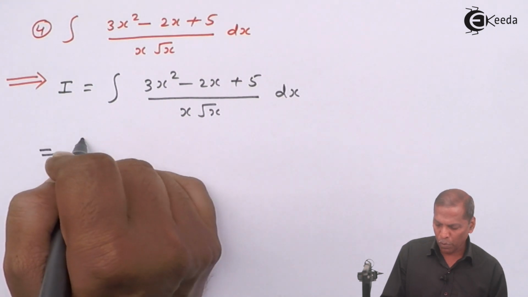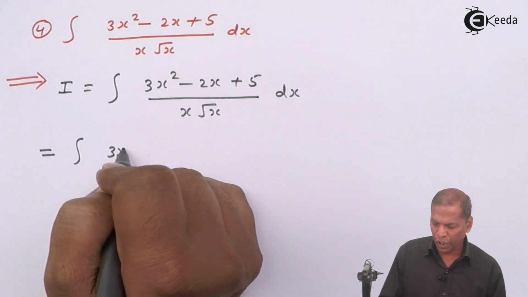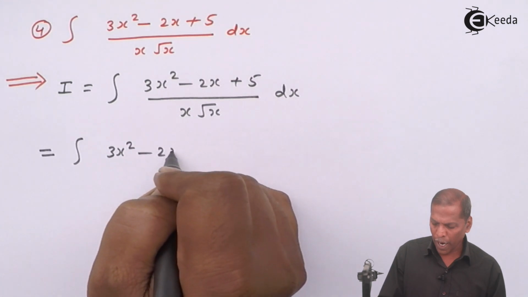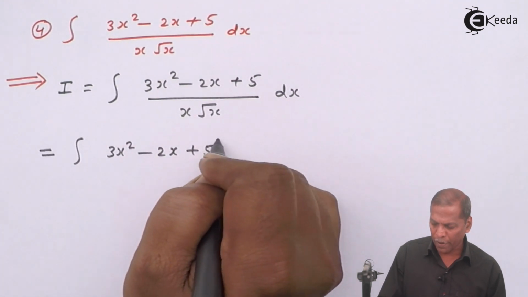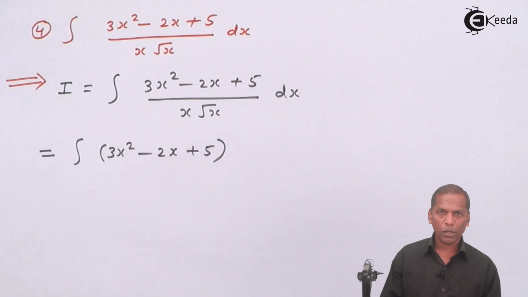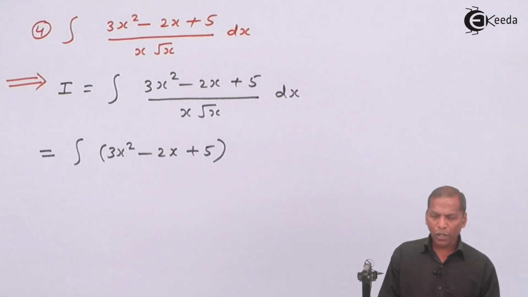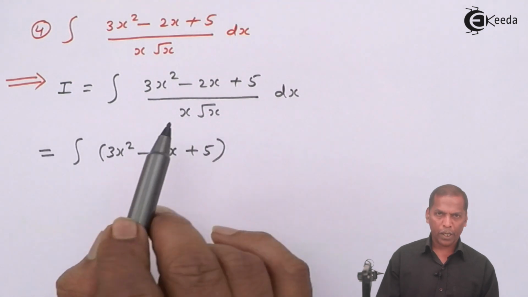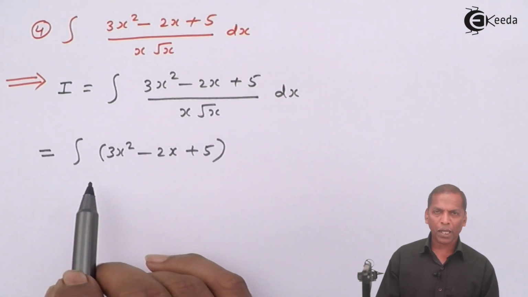So I is equal to the integral of 3x square minus 2x plus 5, which we write as it is. Now the part present in the denominator, that is x into root x. Root x means x raised half.